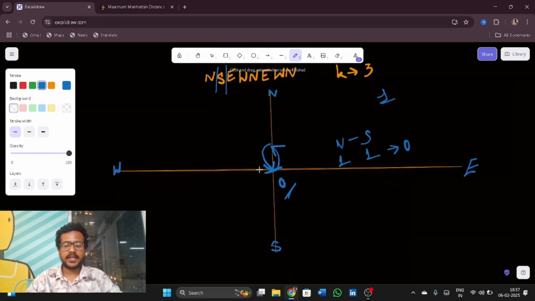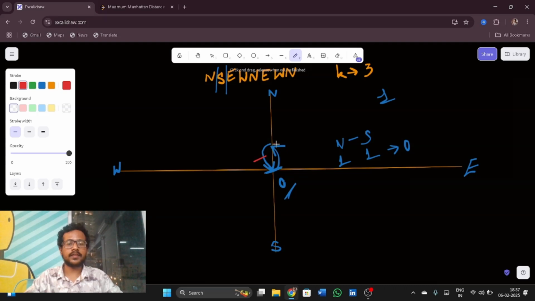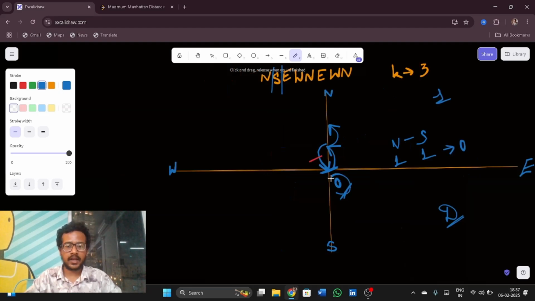Now if I change this S to north, I will get to here. Now what will be the distance? I am starting at 0. As I changed only one direction, I will multiply it by 2.